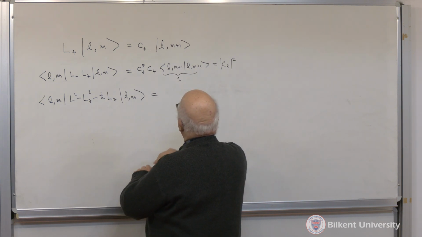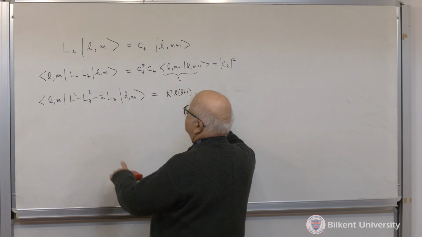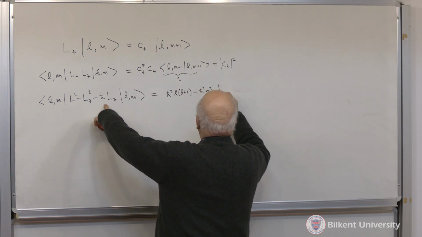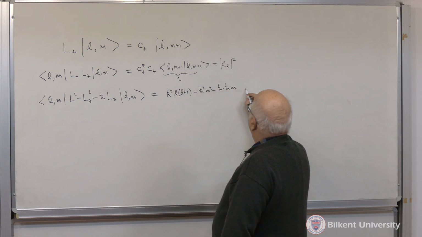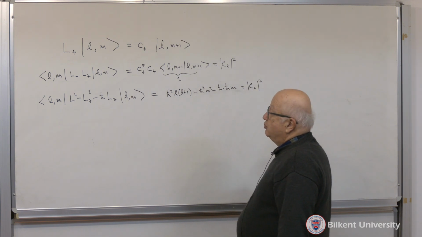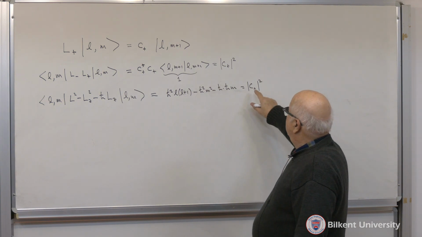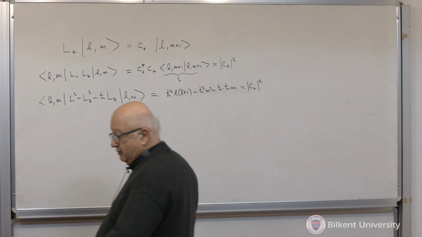So the first term is h bar squared l(l+1). The second term is minus h bar squared m squared minus h bar times h bar m, which is equal to the magnitude of C plus squared. Now let's take C plus to be real and positive.